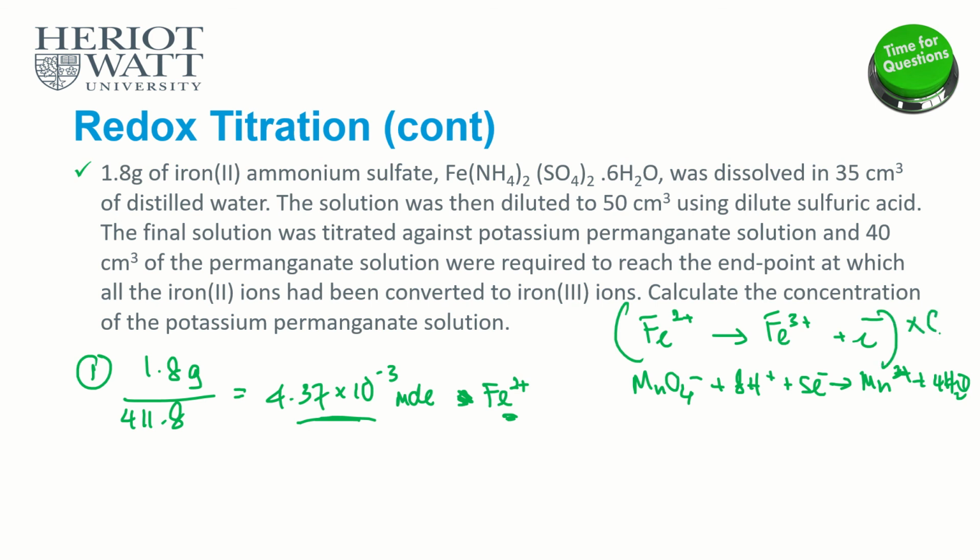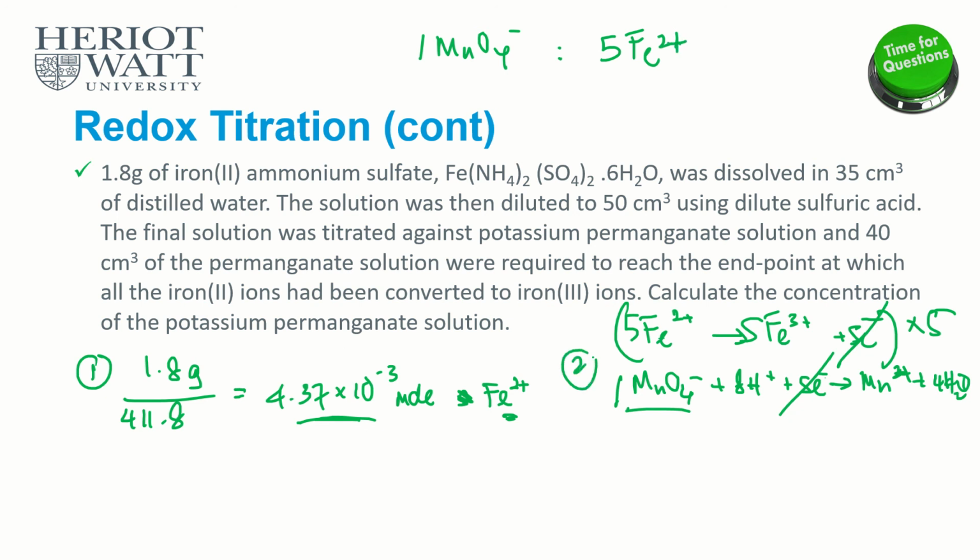So balance the equations, times 5, so we can cancel out the 5 electrons. Next we're going to check the ratio. 1 manganate, 5 iron. So the ratio is 1 manganate to 5 Fe2 plus. We've got the ratio.